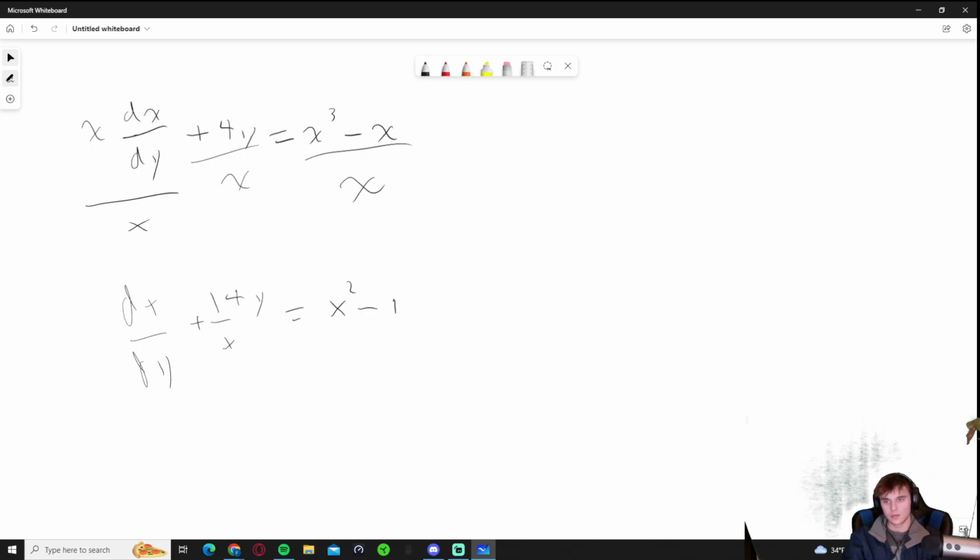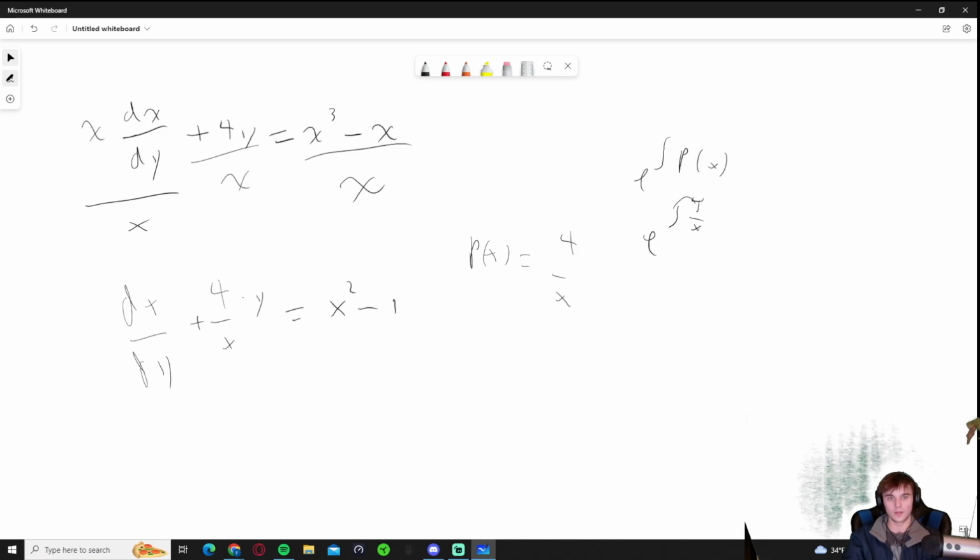P of x, we could actually simplify this to 4 over x times y. So then p of x, from the standard form equation, equals 4 over x. And to figure out our integrating factor, we take e to the integral of p of x, which is e to the integral of 4 over x.